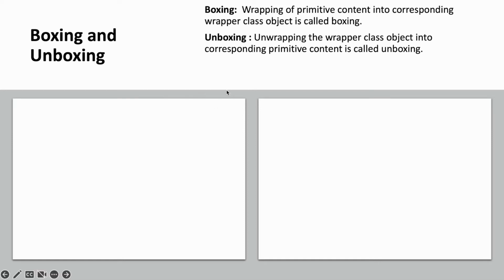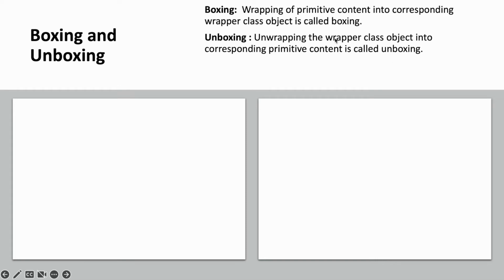Boxing is nothing but the process of converting a primitive data type into its corresponding wrapper class object. Unboxing is nothing but unwrapping the wrapper class object into its corresponding primitive content.